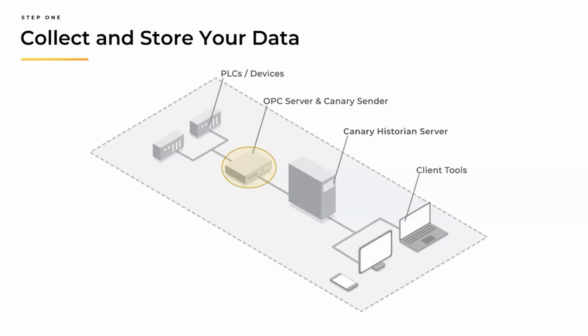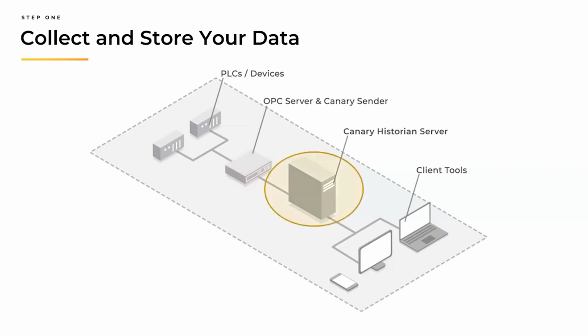And so I did put a link into the webinar chat highlighting our architectures. And our architecture is very, very flexible. A typical architecture would look something like this with your PLCs or devices out in the field. You probably already have an OPC server or MQTT broker that your devices are speaking to. And we would install the collector software on the OPC server.